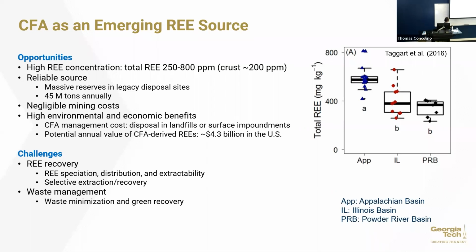And on the other hand, from the waste management side, you also need to minimize the secondary waste production. You don't want to take one waste, produce something, and then produce another secondary waste that you have to figure out ways to treat. And also we need to develop some method that's green and sustainable with low environmental impact.